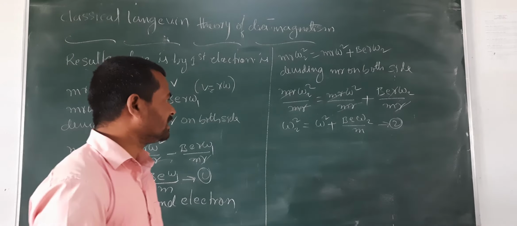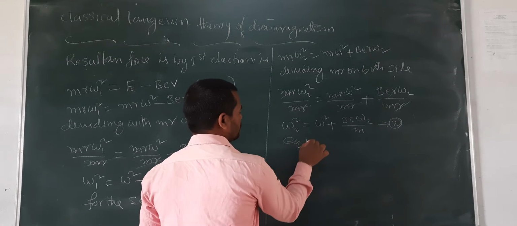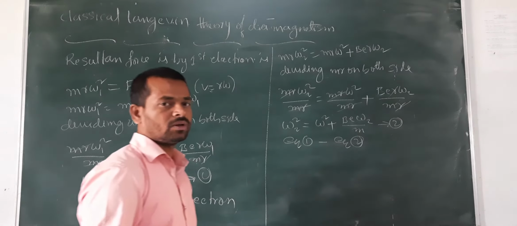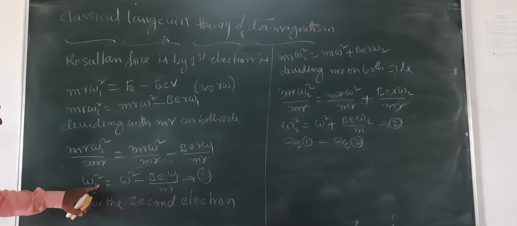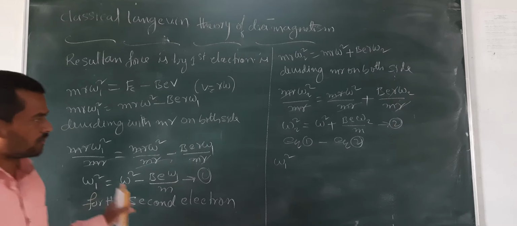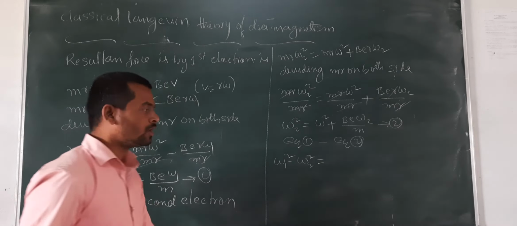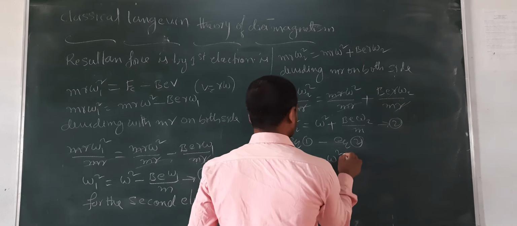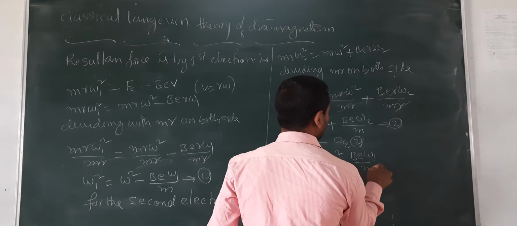Now subtract equation 2 from equation 1, that is, equation 1 minus equation 2. So omega 1 square minus omega 2 square. The omega 1 square value is omega square minus B e omega 1 by m.